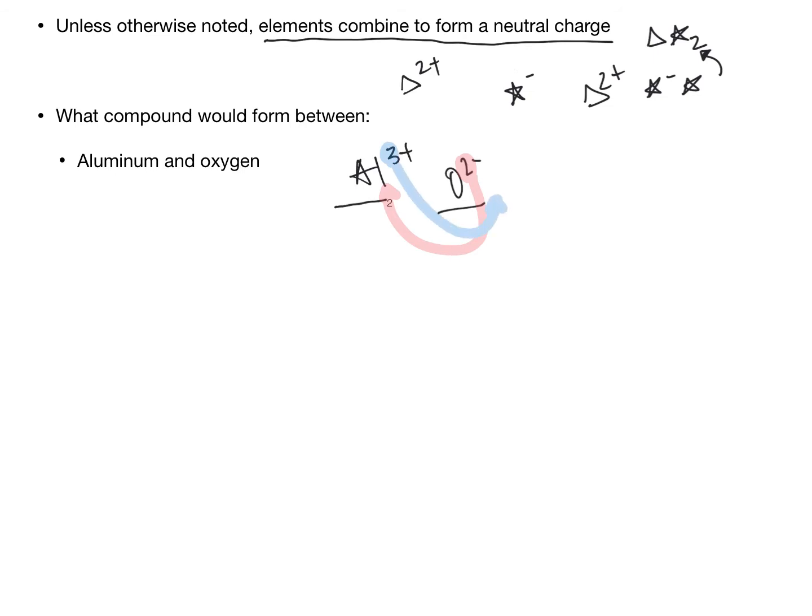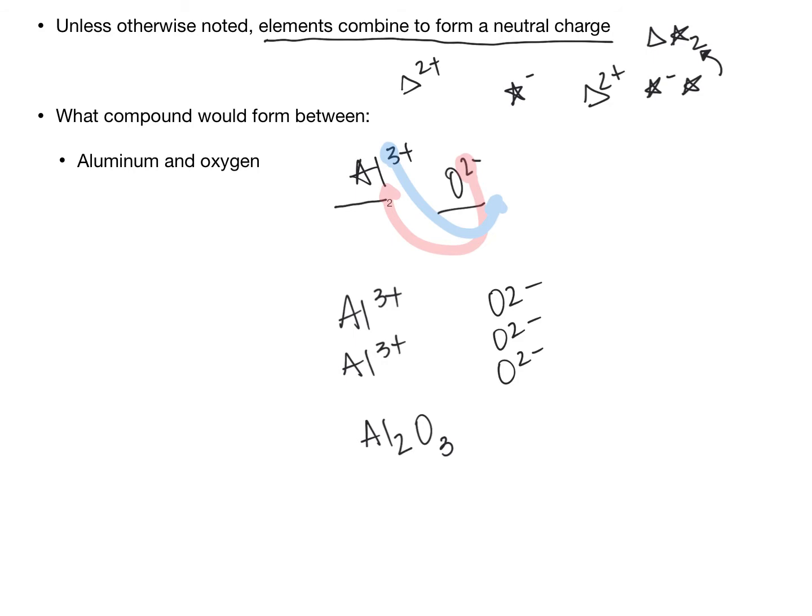So what that means is that you would have Al3 plus, Al3 plus, O2 minus, O2 minus, O2 minus. Together, those both add up to +6 or -6. And so what we'll see is aluminum 2, oxygen 3.